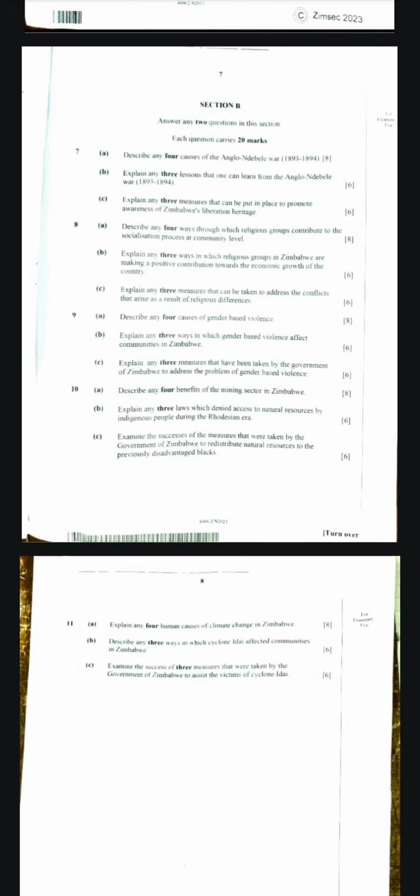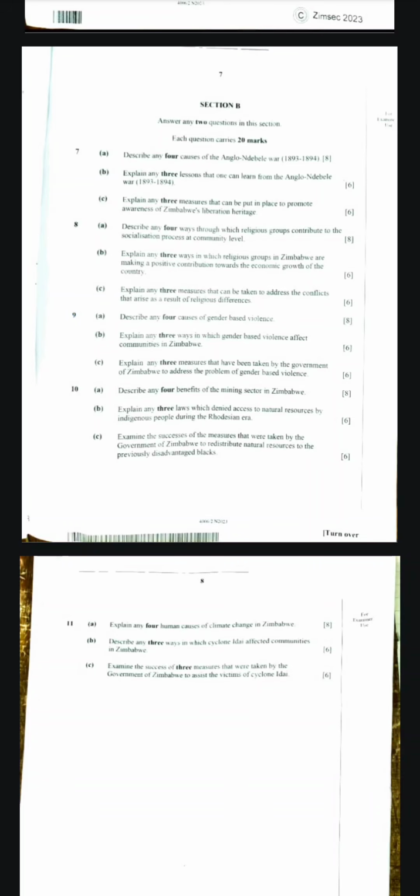What I'm saying is, if you are asked to answer according to 8 marks, then answer accordingly, because the duty of an exam is to harvest all the marks. So number 7, without further ado, number 7A reads, describe any 4 causes of the Anglo-Ndebele War.